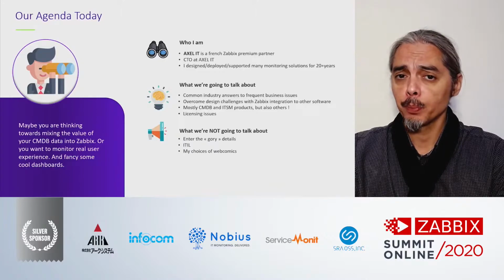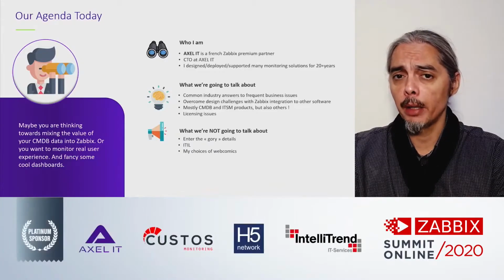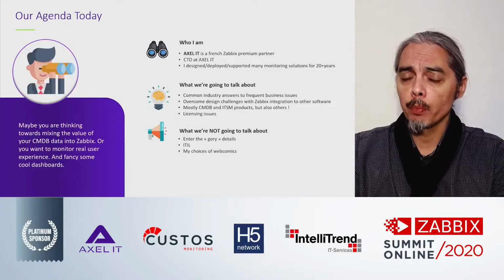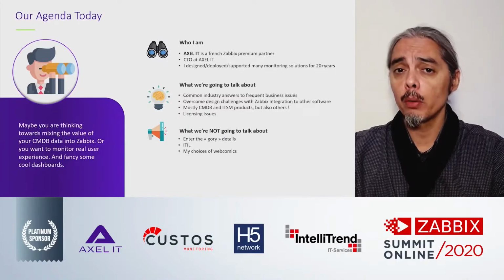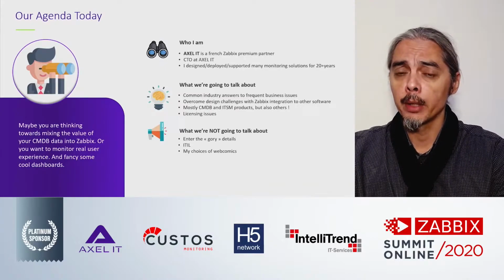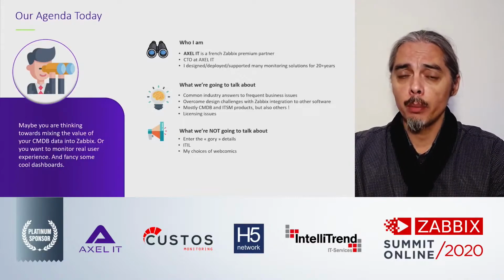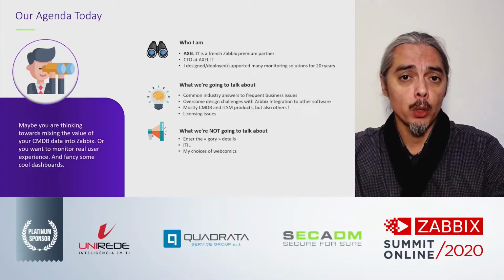What we'll be talking about today is business issues. Sometimes to solve business issues, you are required to get outside of the system you're working with, which when we talk about Zabbix is monitoring data.